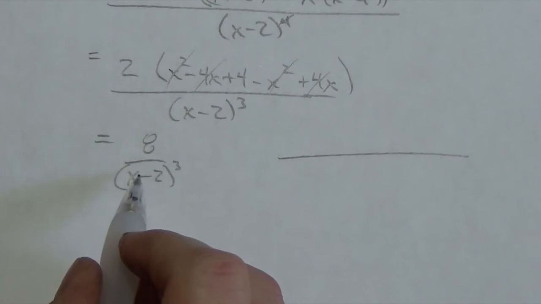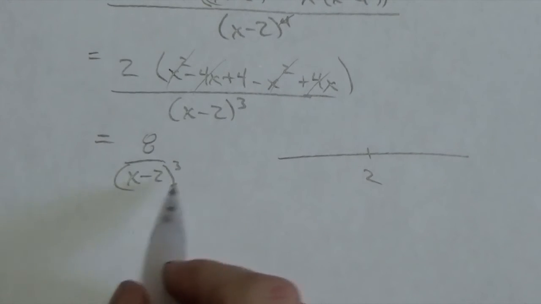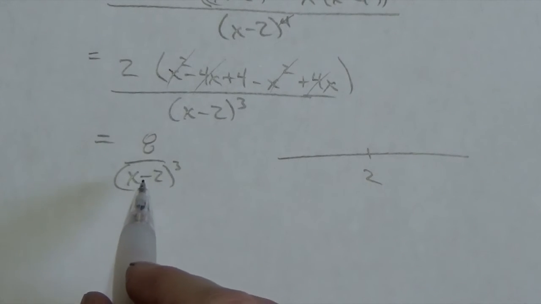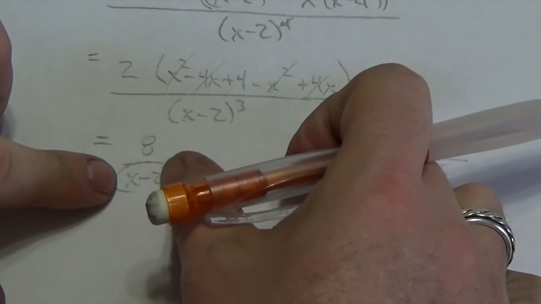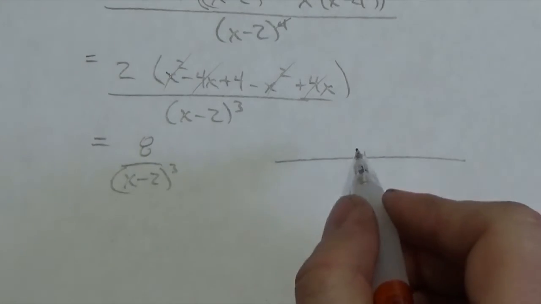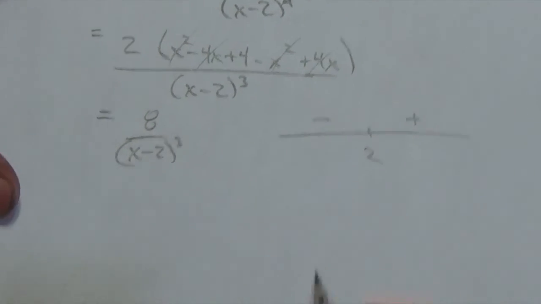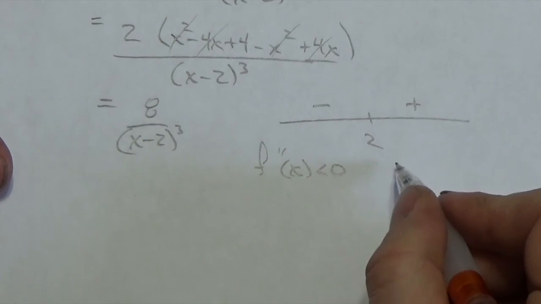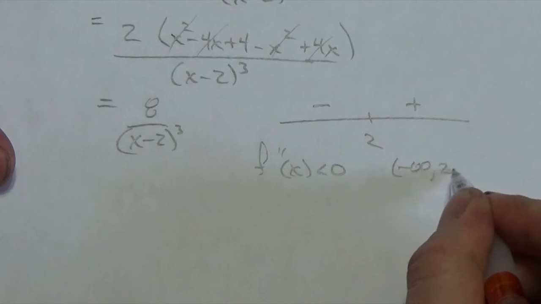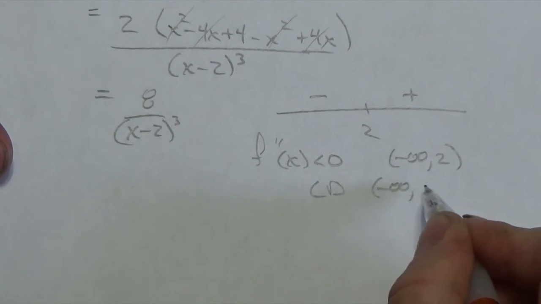So, my second derivative here doesn't ever go to 0, but it is undefined at 2. If you pick any value of x less than 2, that binomial becomes negative, and the cube is going to keep it negative. So it's going to be negative here, and then on the other side it'll be simply positive. So my second derivative is less than 0 on the interval negative infinity to 2, which means this thing is concave down from negative infinity to 2.